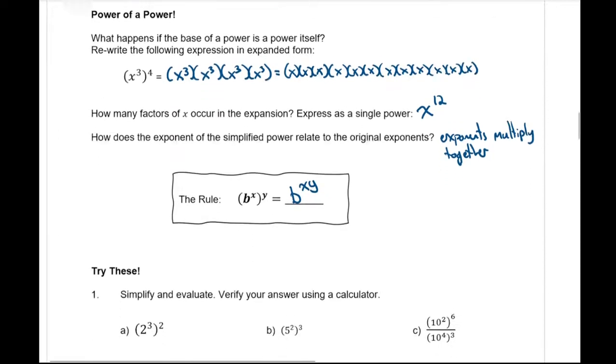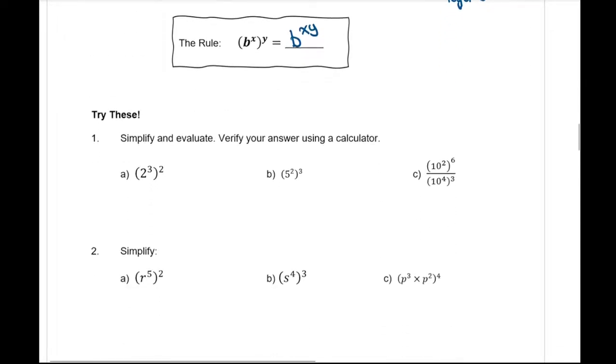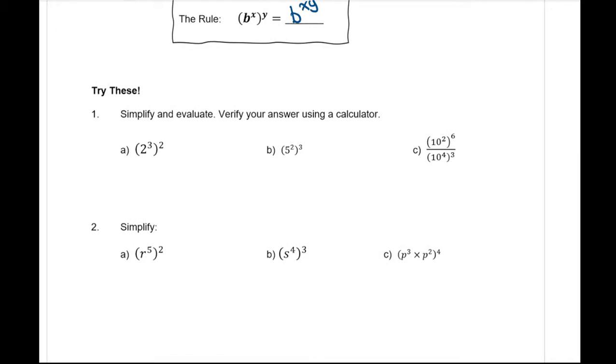So let's try a couple examples of these rules. Again, we'll work through all of these together, just because there's not a lot of them, there's a few. So a, 2 to the power of 3 to the power of 2. Well, I see my two exponents are 3 and 2.